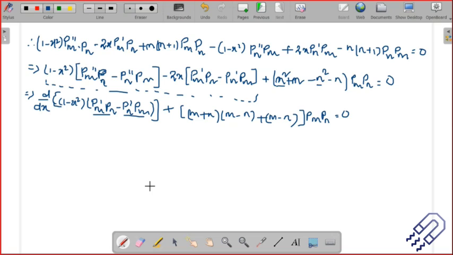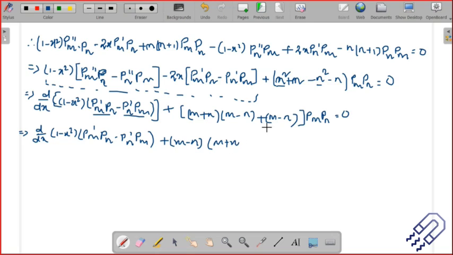So this way we can finally write down one expression here. This is d/dx of 1 minus x square into Pm dash Pn minus Pn dash Pm, plus, we can take m minus n common, and this would be m plus n from here, and this will be plus 1. This is Pn is equal to 0.